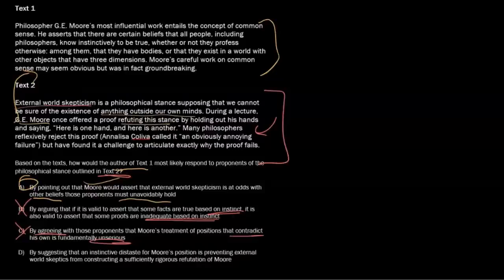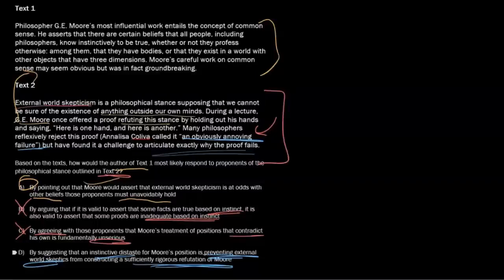Now, our last choice here, by suggesting that an instinctive distaste for Moore's position is preventing external world skeptics from constructing a sufficiently rigorous refutation of Moore. Now, she's calling an obviously annoying failure, right? And they haven't found out how to refute it exactly. But I would say that this is not the answer, right?